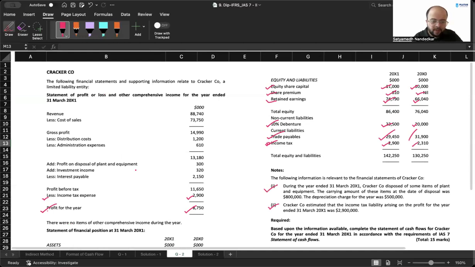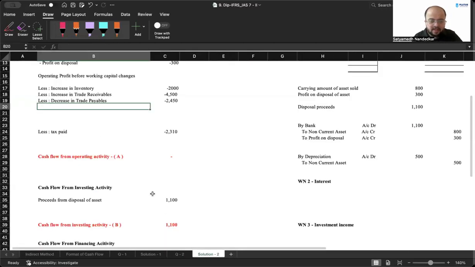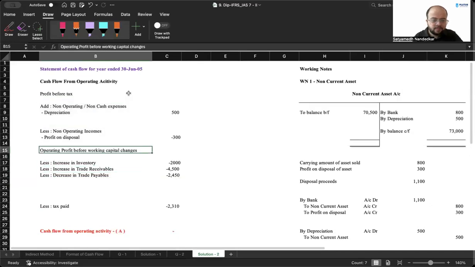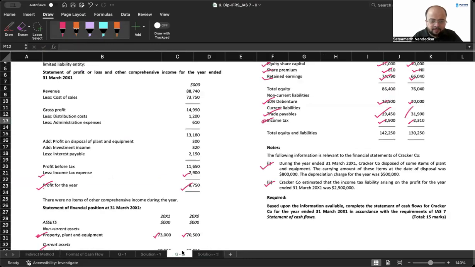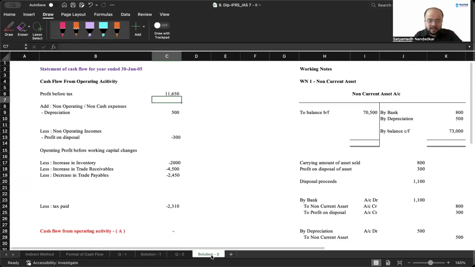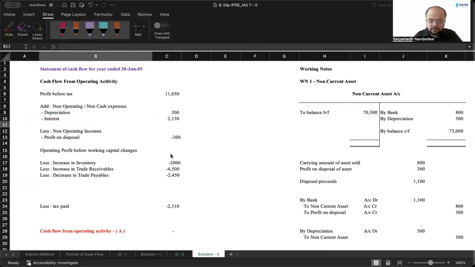Now come to P&L. What is your starting point? Your starting point is profit before tax 11,650. Then you wrote this interest payable. Interest is a non-operating expense. Add back interest here, 2,150.